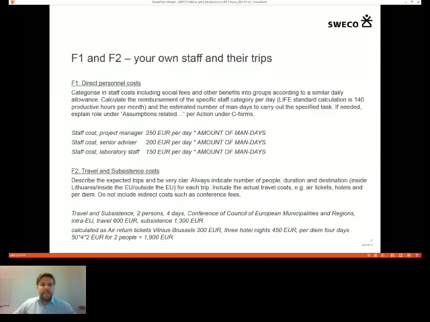Also connected to the staff categories, life projects require travel and subsistence to a quite large part. It is important to mention that one of the valuation criteria is how, even if it's a small one, how the project deals with CO2 emissions.